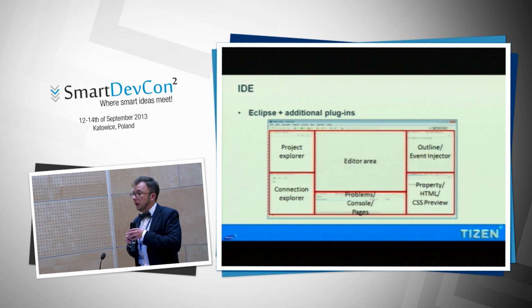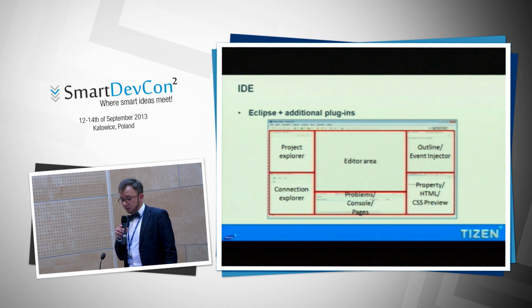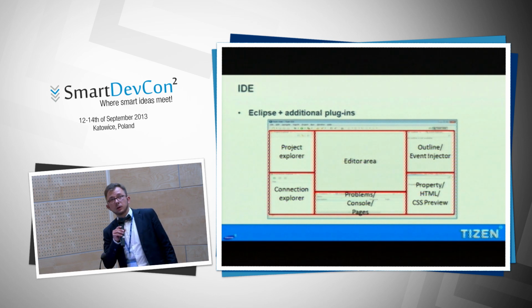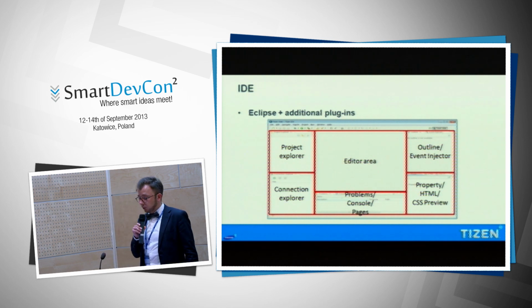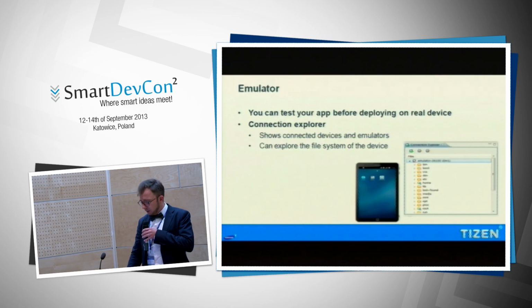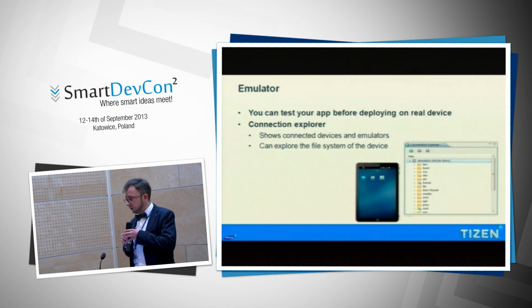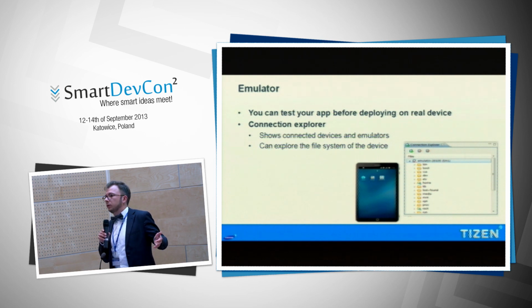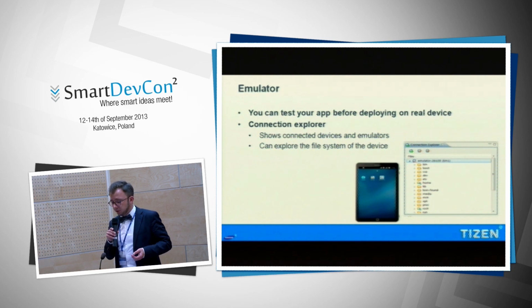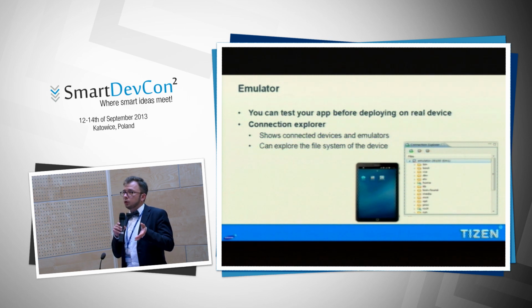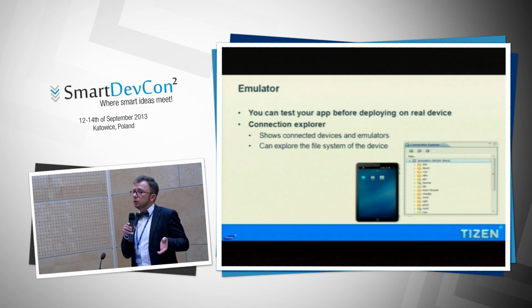Okay, so the IDE is very simple. If you are familiar with Eclipse, it should be very easy for you to start development for Tizen. And the Emulator has all the features an emulator should have, like event injector, debugging, and, for instance, Connection Explorer, which allows you to see all the devices connected to your IDE.